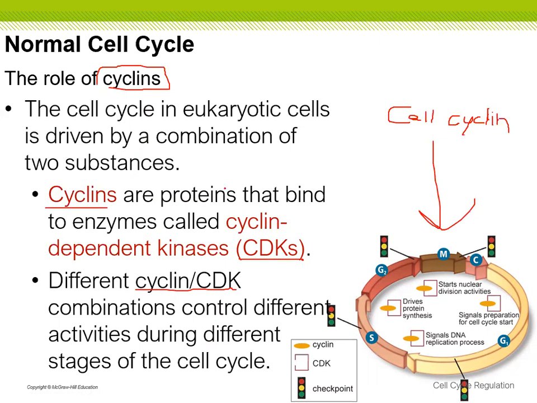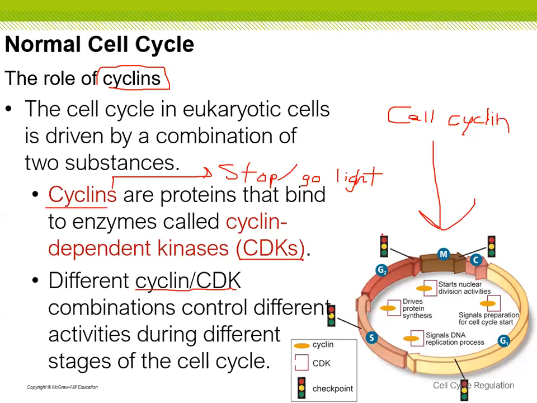So cyclins are stoplights. I'm going to put stop/go light. I recommend you write that down. That is so much easier to remember what something is, right? It's the stop and the go light. We know what that is. So when we're thinking about these, you think of them as a stop and a go light.